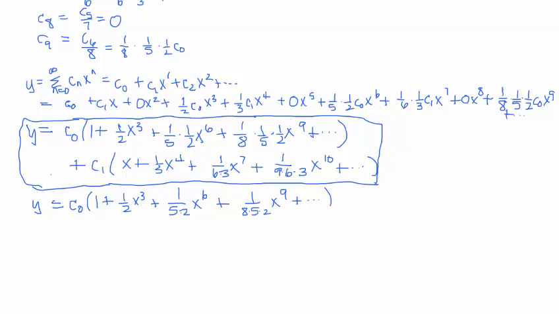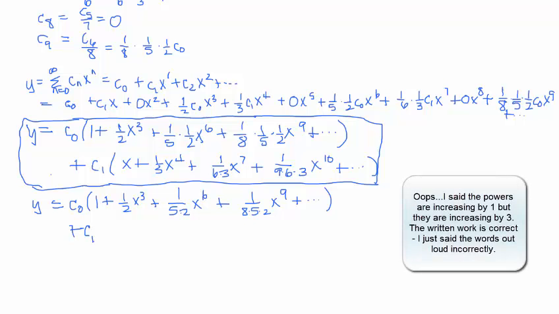Okay, and then this second one, the powers of x are increasing by 1 each time, and the denominators are all products of multiples of 3.